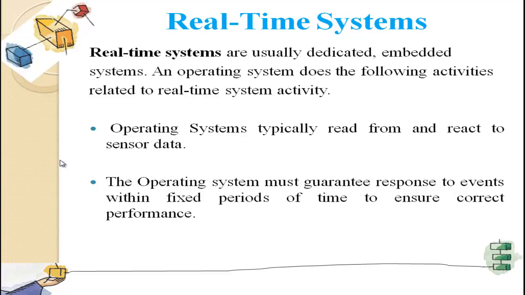Whenever it is in the air, it gives all the information to the base station. Through sensors and satellites, all the information is passed to the base station. These real-time systems should always be accurate. If the results are not accurate, or if there is any bug in the program, it will be catastrophic.